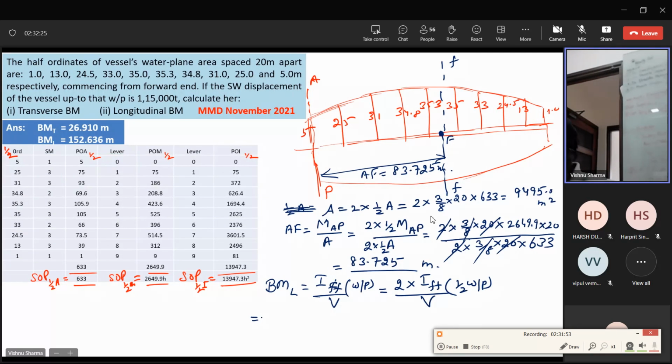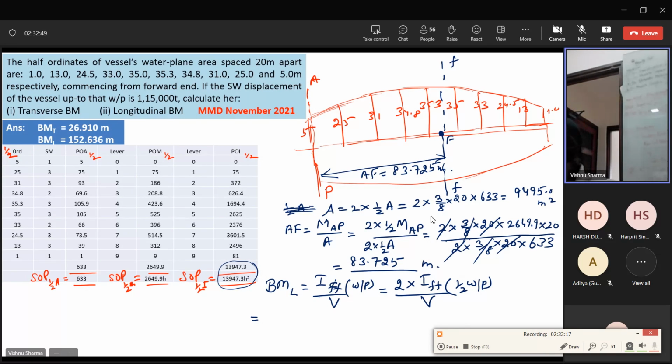Look at the thing here. This IFF. What is my table going to give you? The table is going to give me moment of inertia about FF or some other axis. Where have I taken the levers from? After perpendicular, sir. So this will give you the inertia about aft perpendicular.